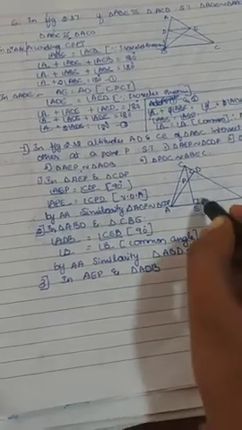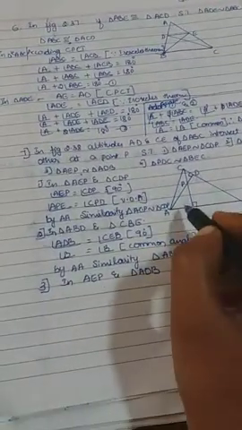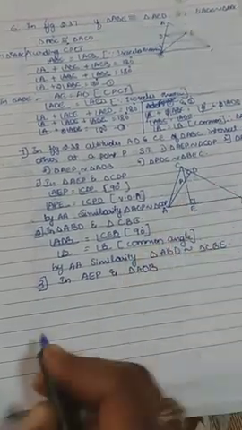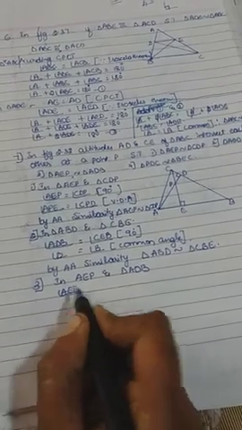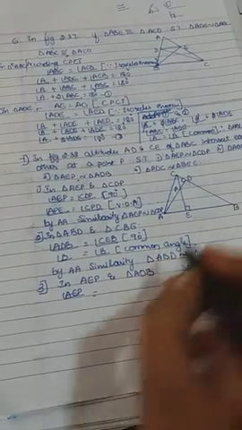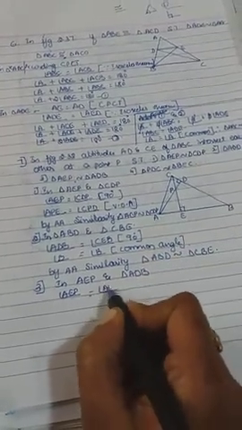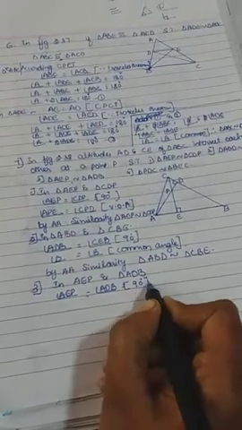You can check here, angle E is 90 degrees and angle D is 90 degrees. So angle AEP is 90 degrees, which equals angle ADB, which is 90 degrees, because it has been given.